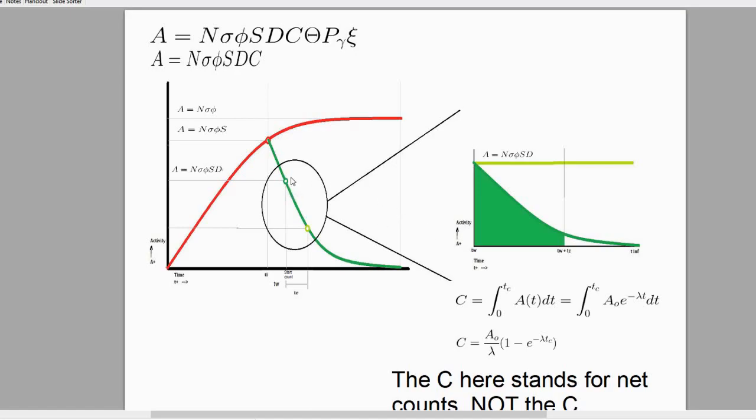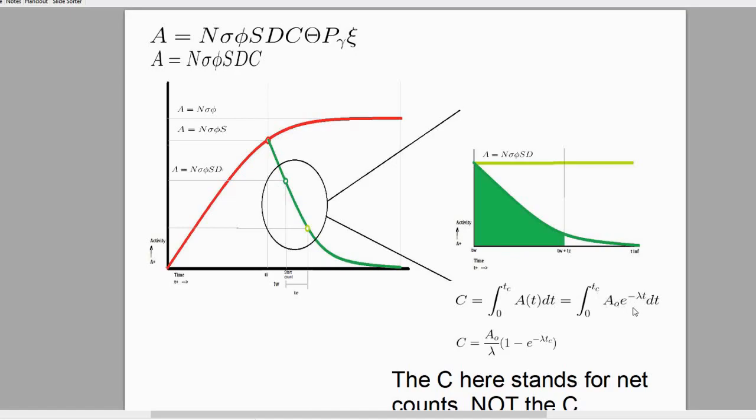Again, the critical value we're looking for is the activity when we placed it on the detector, this central green point right here. So the way that you would do that is you would integrate with respect to time, where activity is a function of time, and the function of time would be the initial activity, the activity when you place it on the detector that we're trying to solve for.